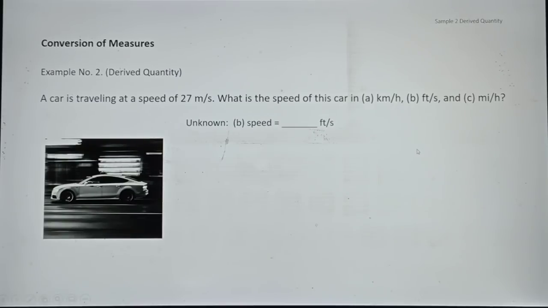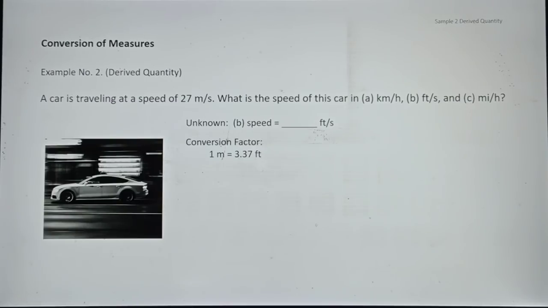So in letter B, the required is the speed of the car in feet per second. Between the speed of 27 meters per second and the unknown feet per second, the conversion factor needed is for the length, meter to feet, that 1 meter equals 3.37 feet.